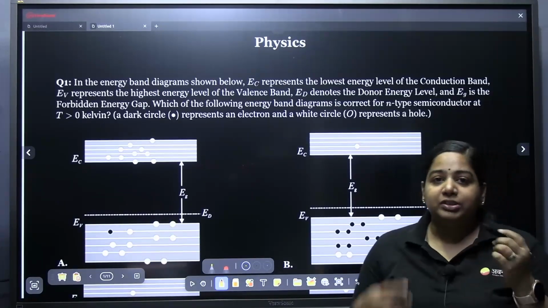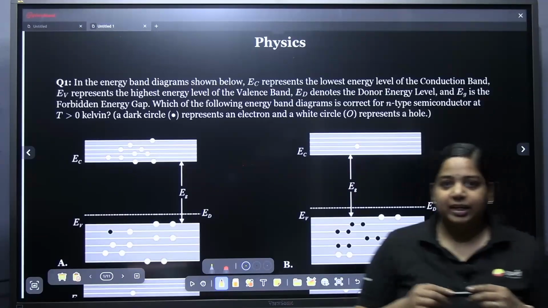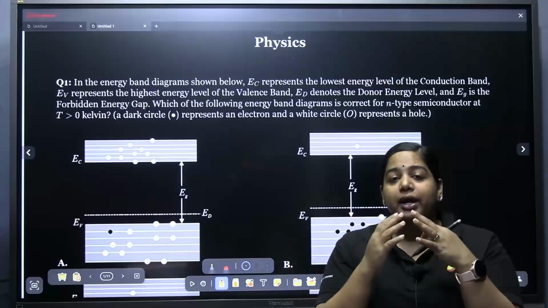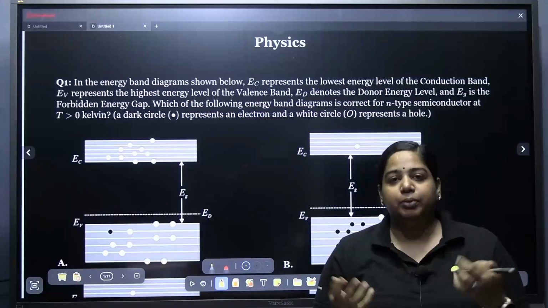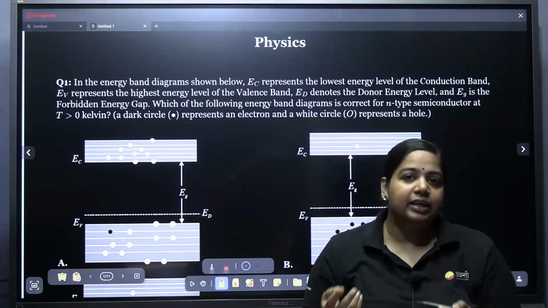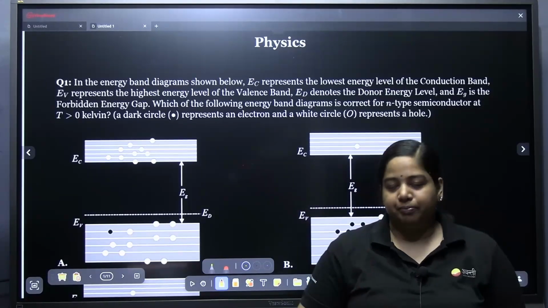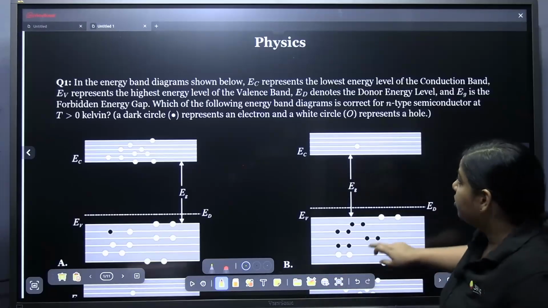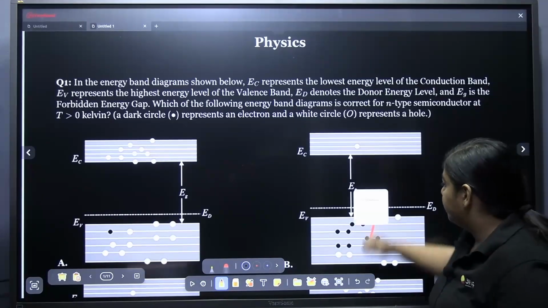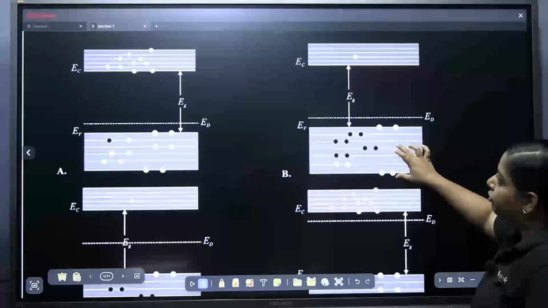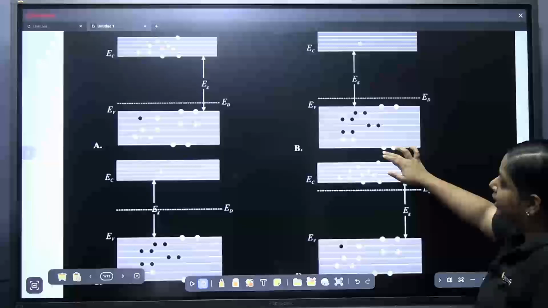For semiconductors, there will be a conduction band and a valence band. For a material to be conducting electricity, there should be electrons in the conduction band. As you can see, there are four diagrams given.